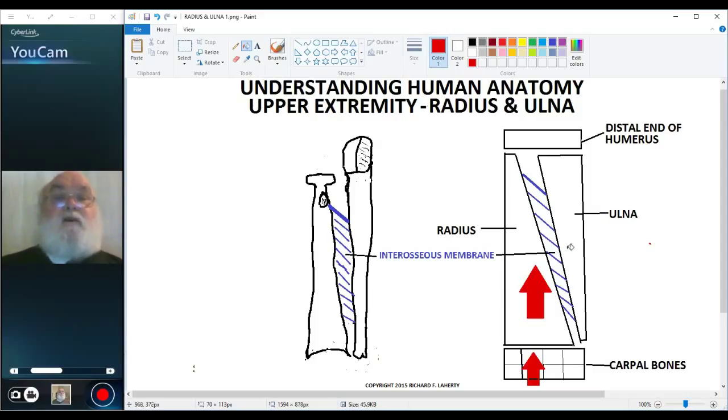But because of the interosseous membrane, and notice the direction of the fibers, they run inferiorly as they run medially from the radius over to the ulna.